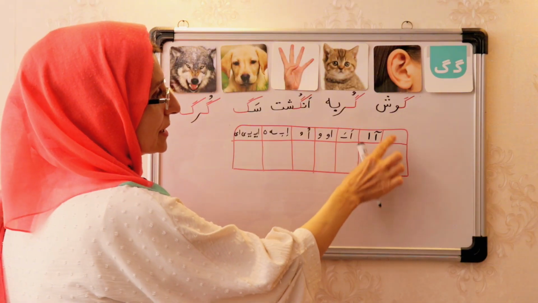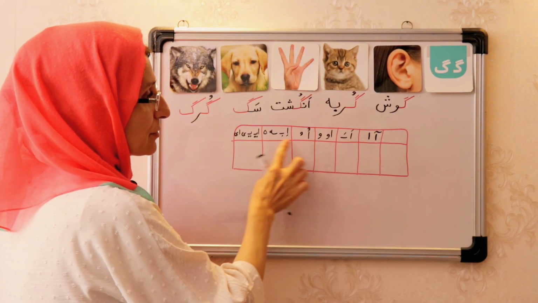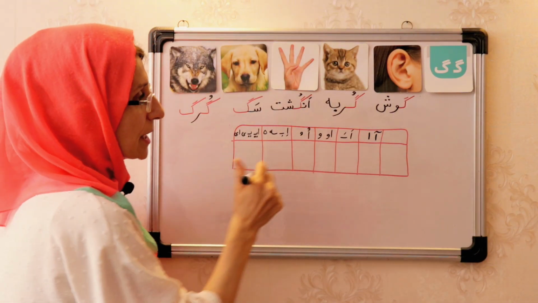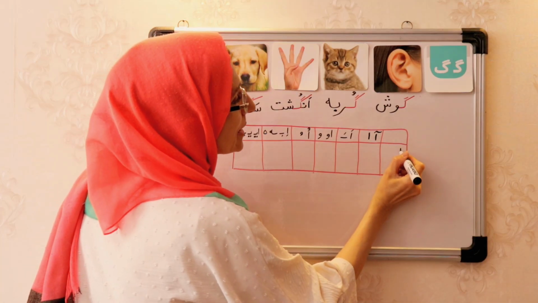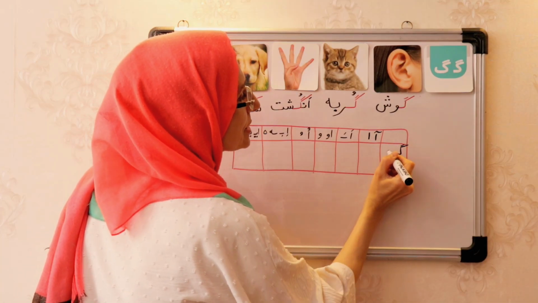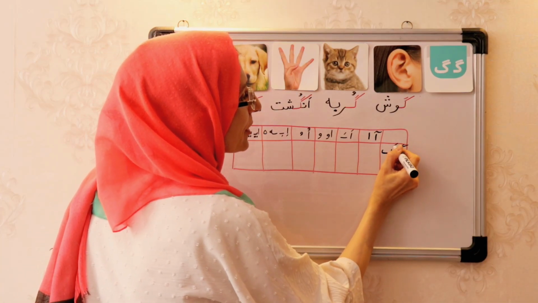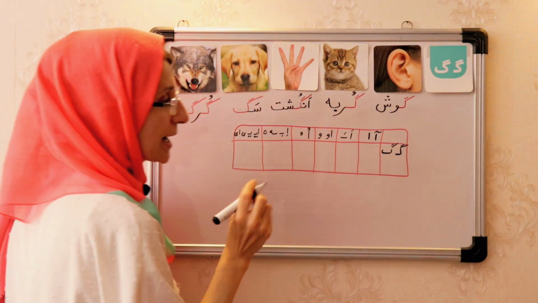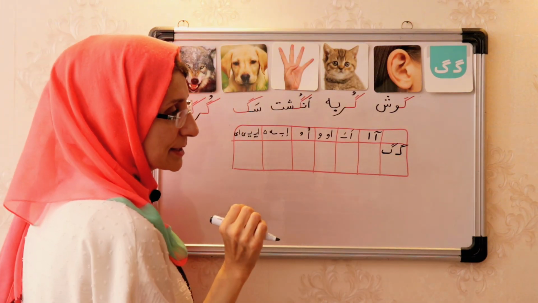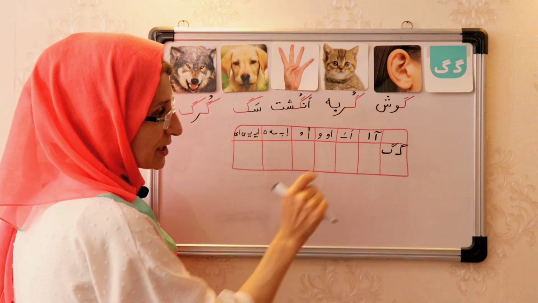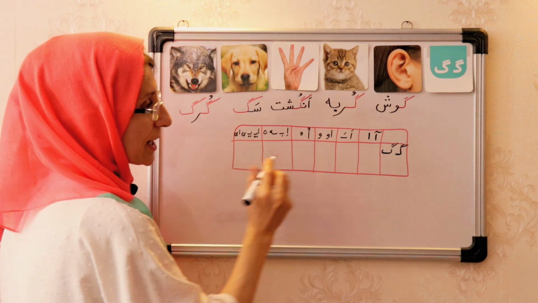We combine our consonants with vowels and make words. G is a consonant. We write here G غیر آخر, G آخر: G the initial and middle, and G آخر.